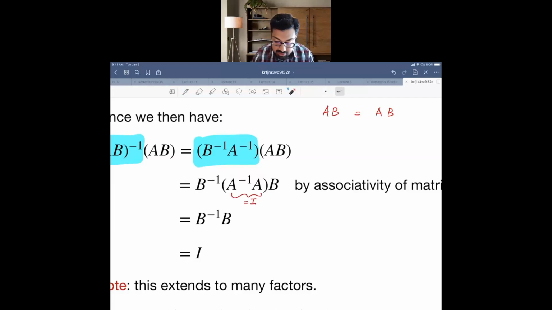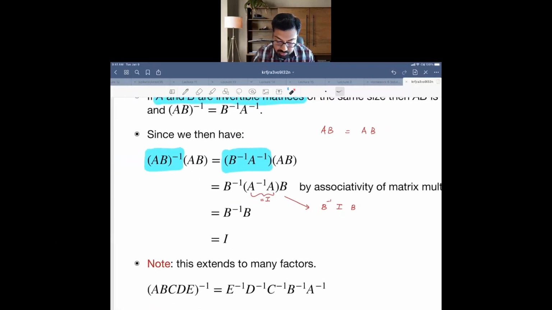And I don't even need to write that because B inverse times identity. So I have, after this, B inverse I B. No matter what I do, B inverse I or IB, that identity matrix, you can remove it from the equation. You will be left with B inverse times B. B is invertible, so that will also simplify to identity.